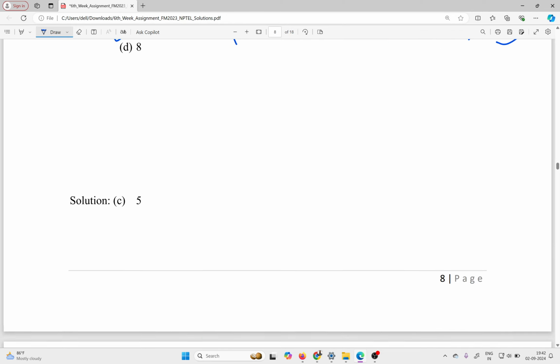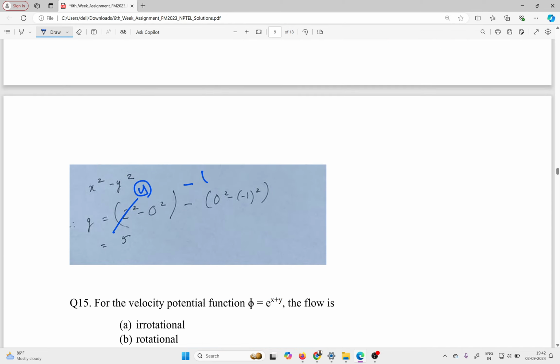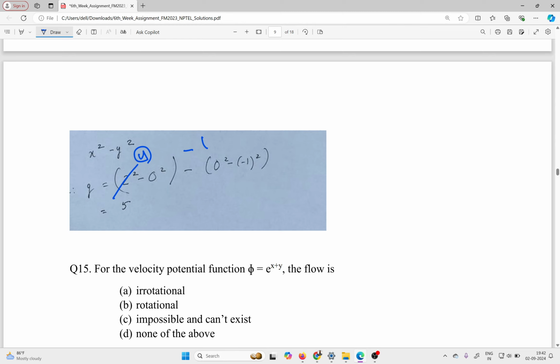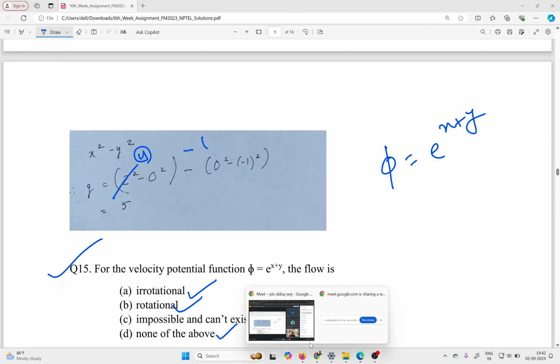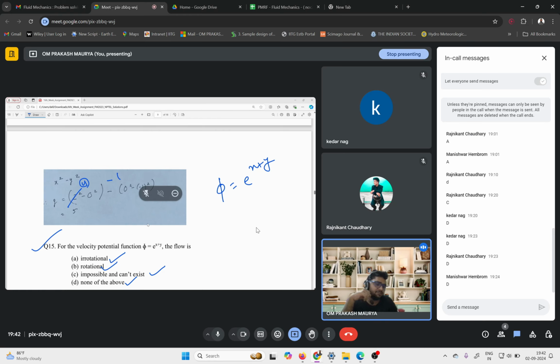Now moving ahead with the next question. The velocity potential function phi is given as e to the power x plus y. The flow is irrotational, rotational, impossible and cannot exist, or none of the above. Which option is correct for question number 15?